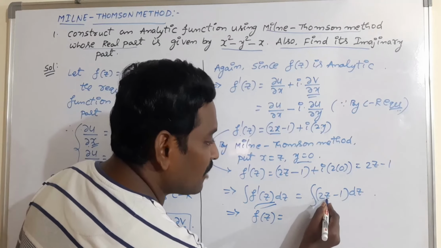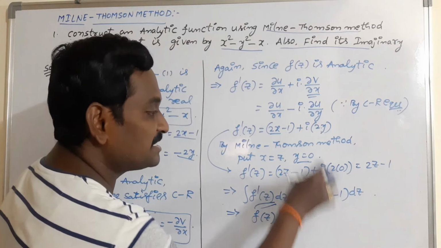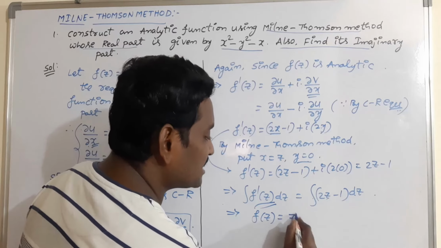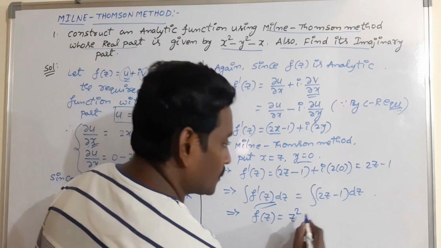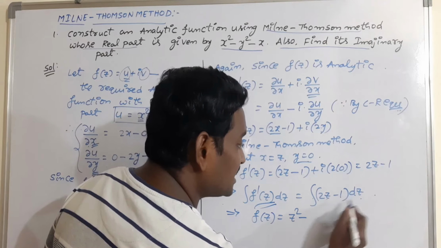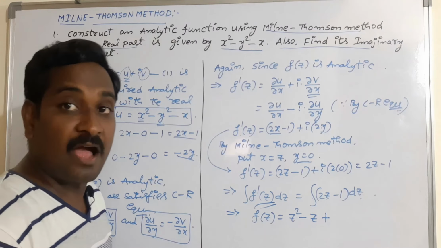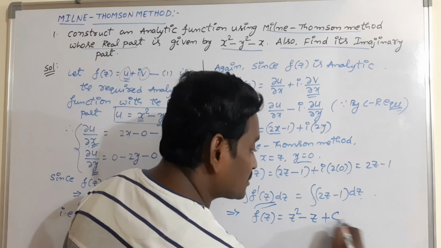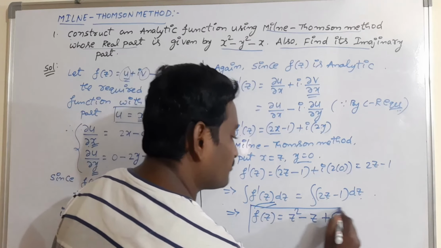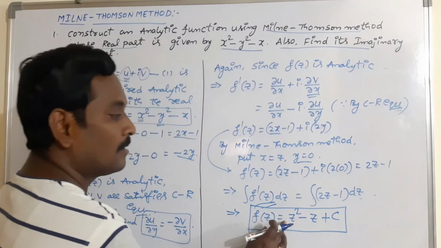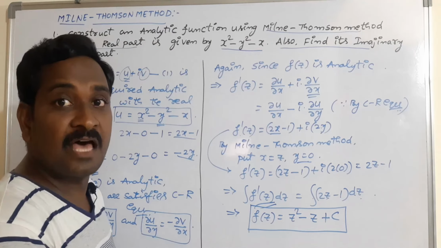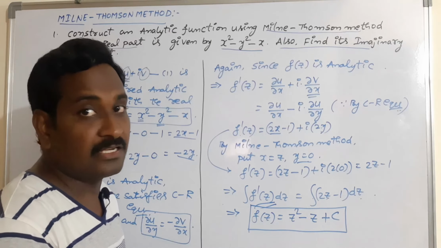And integration of 2z, integration of z is z square by 2, 2 getting cancelled, z square, minus integration 1 dz is again z, plus integration is completed. That's why after completion of integration we should add the constant c. So f of z is equal to z square minus z plus c. This is the required analytic function in terms of z.